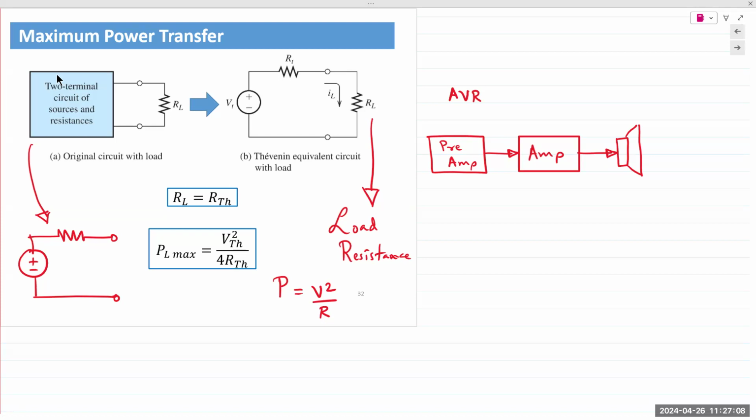Important thing to note is maximum power does not translate to maximum efficiency. Sometimes you want max efficiency, sometimes you want max power. As an analogy, I would use a vehicle, an electric vehicle or a regular ICE vehicle. If you're driving on the highway at, let's say, 40, 50 miles an hour, you would obtain maximum mileage.